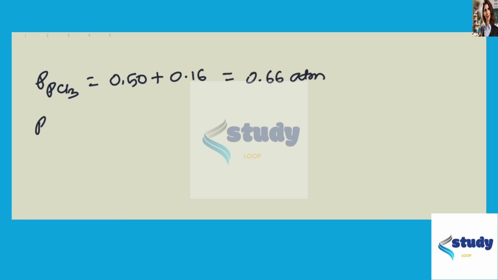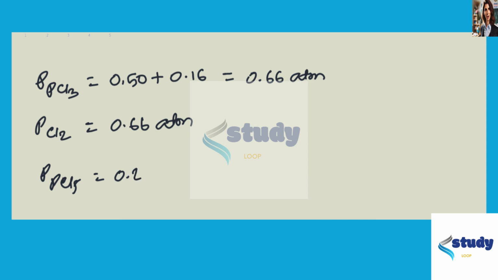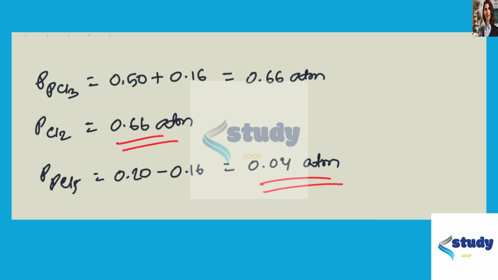This will be the same for Cl2, which is also 0.66 atm, and for PCl5 it will be 0.20 minus 0.16, which gives us 0.04 atm. So these are the equilibrium partial pressures for the gases present.